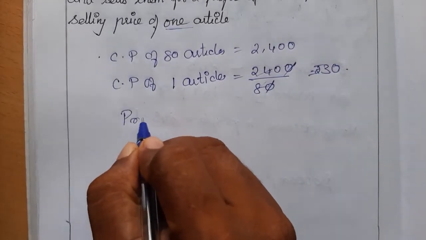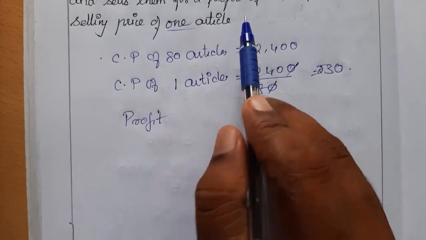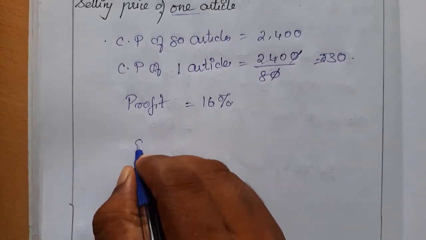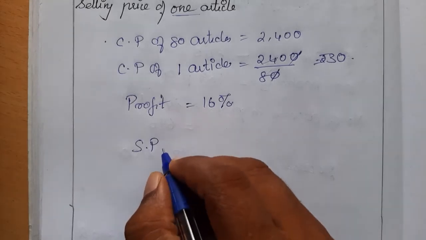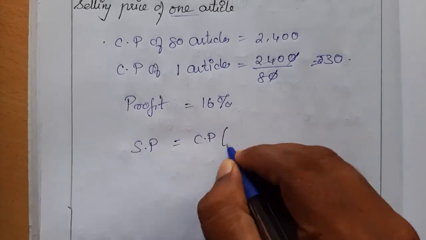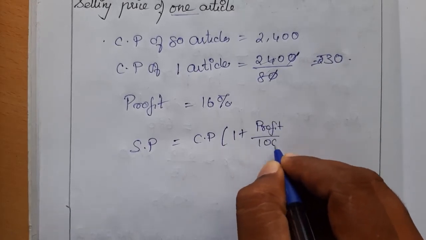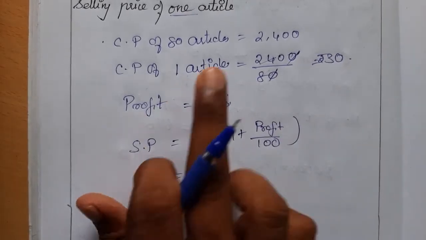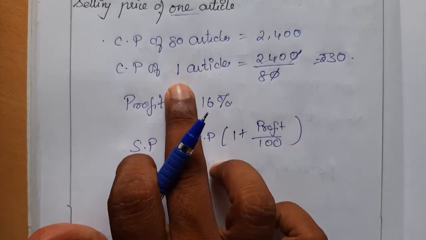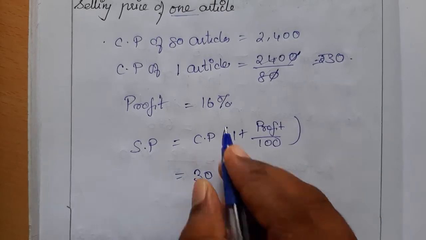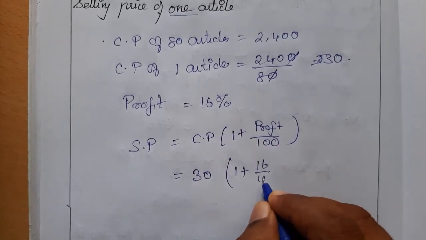And how much profit did the shopkeeper get? 16%, right? So we know the formula that the selling price is equal to cost price into 1 plus profit by 100. We have to find the selling price of 1 article only. We have already found the cost price of 1 article. The cost price of 1 article is 30 into 1 plus profit 16 by 100.